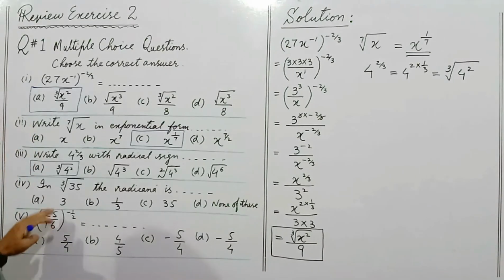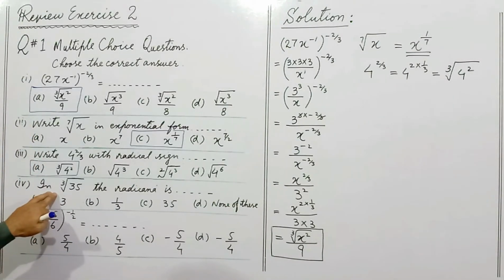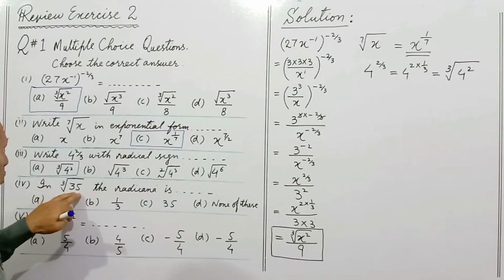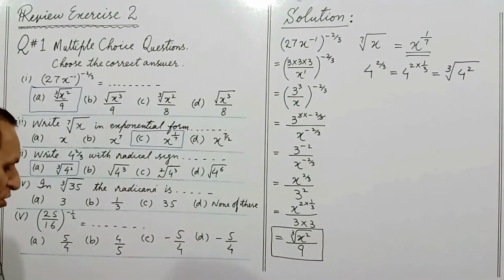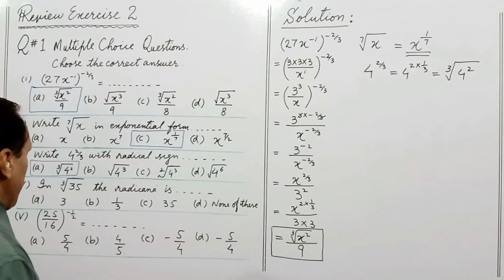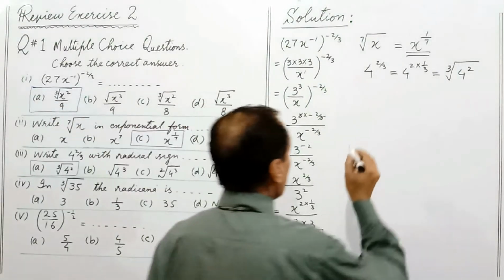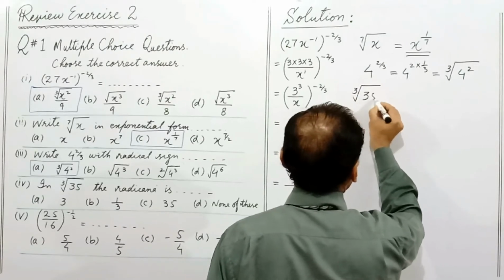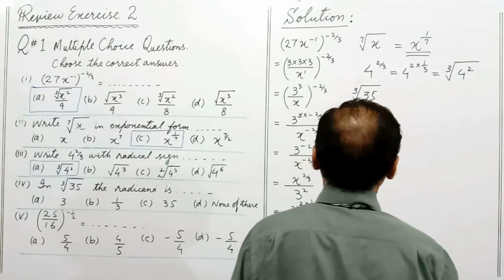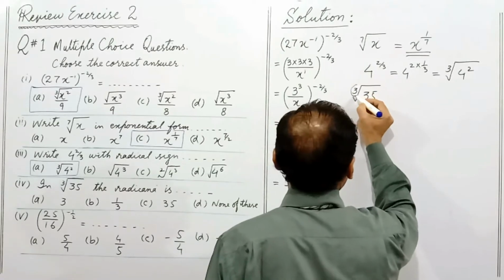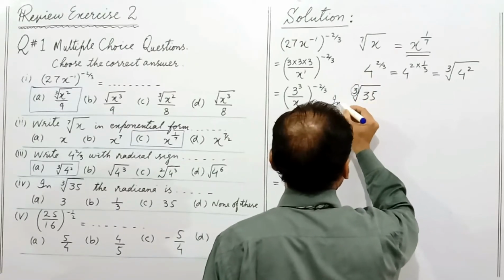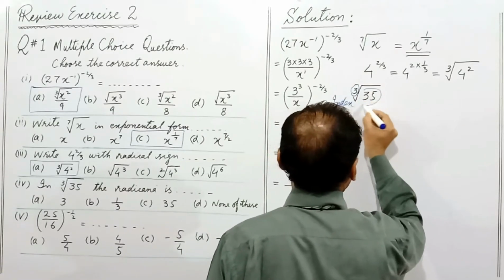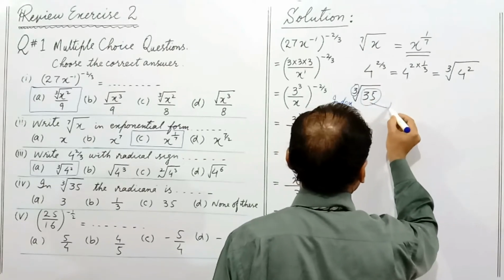Let's do part 4, in which we are required to tell what the radicand is in the third root of 35. We recall the concept of radicand. As we know the basic principle, if we write the third root of 35, then that 3 is the index, and that 35 is what?